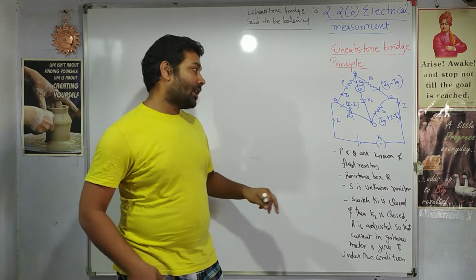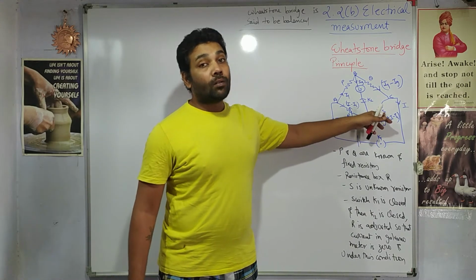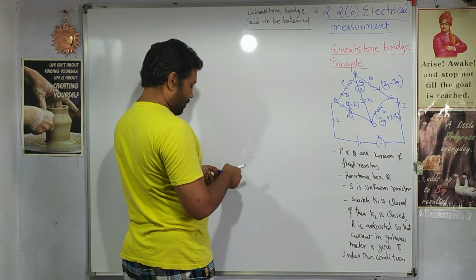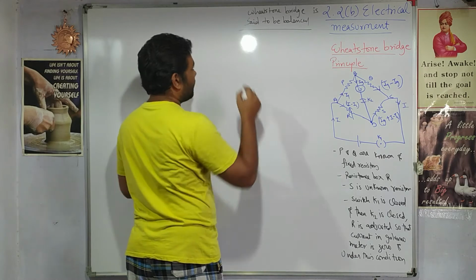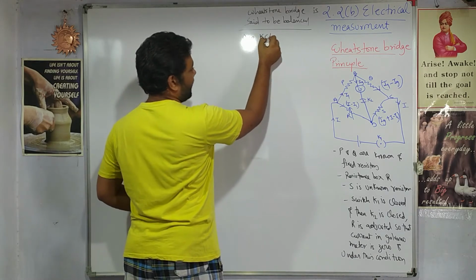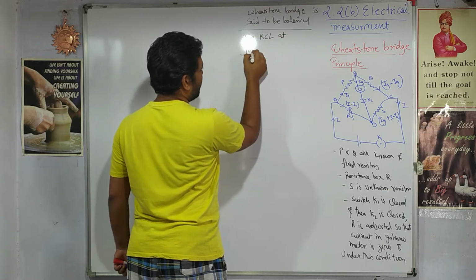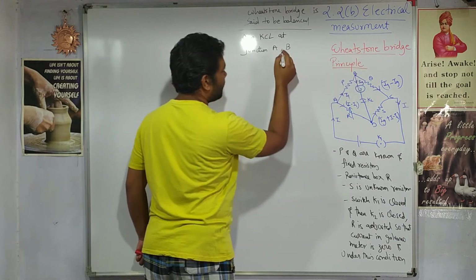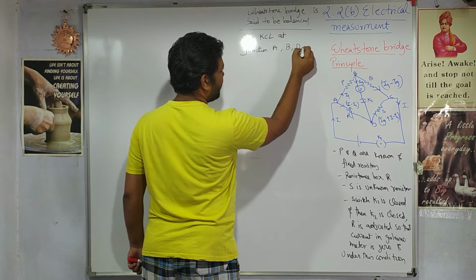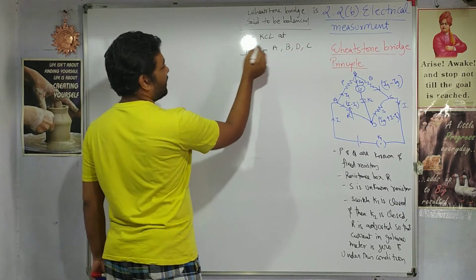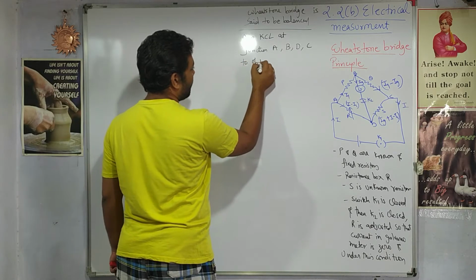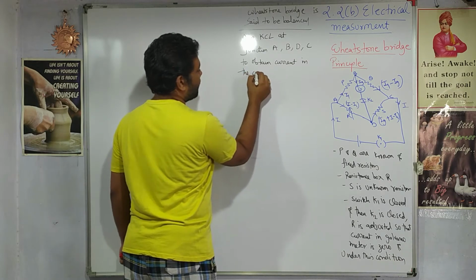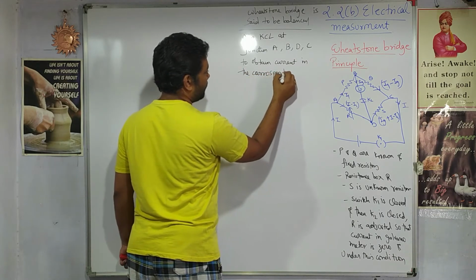Now we will apply KVL in order to obtain our unknown resistor value S. If you want, you can write down in words: applying KCL at junction A, then we applied KCL at B, then at D, and finally at C, to obtain the current in the corresponding branch.